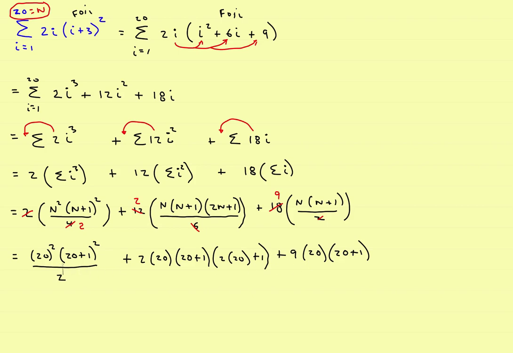Now if you put each one of these on a calculator at this point and add them up, this one will turn out to be 88,200. This one will turn out to be 34,440.